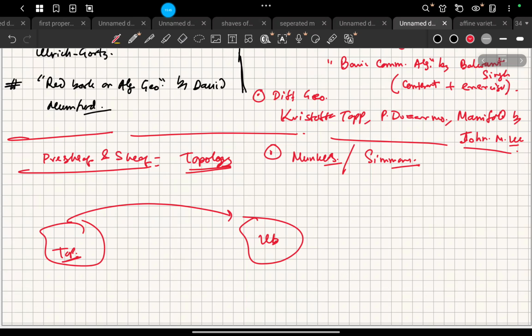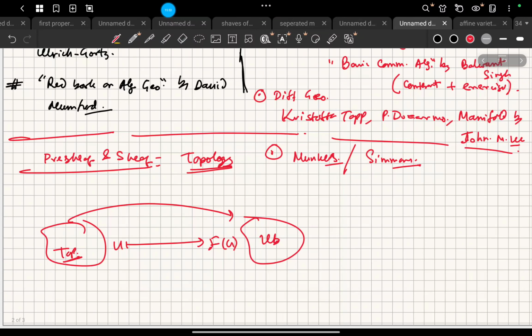It means for every open set of a topological space, I can assign an abelian group. So that is this channel of transportation, taking an open set to an abelian group. This introduction is basically known as presheaf, and there are some other properties which is known as sheaf. Based on presheaf and sheaf, then we will go on with the next topics.